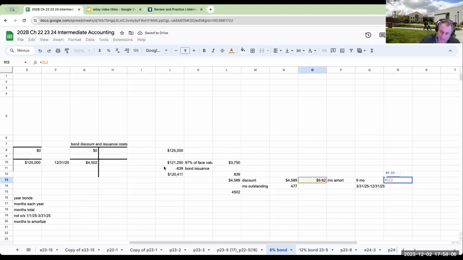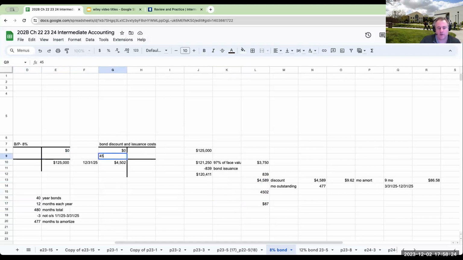If I multiply 9.62 times 9, I'm going to get 86.58, which, if you subtract these two amounts over here, you're getting to the 87. So what you're going to see here for the bond discount and issuance cost is the initial amount of 4589. And then we're going to have this 87 here to get us to the 4502.